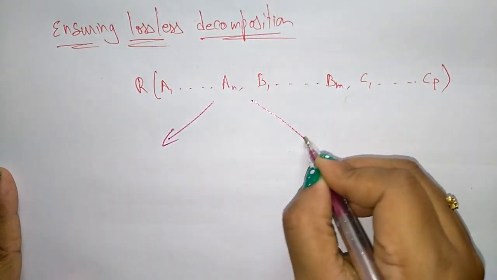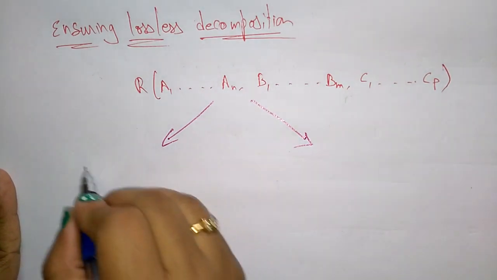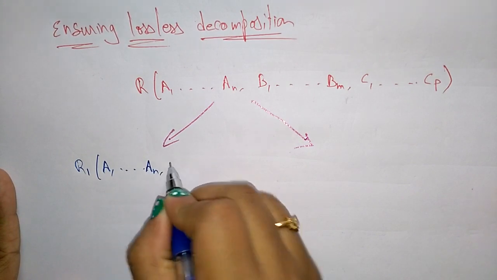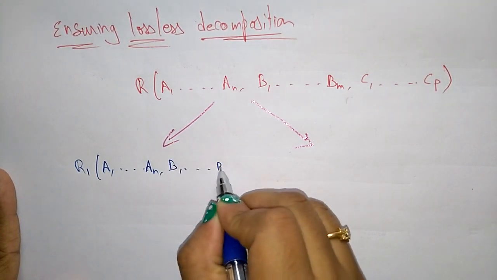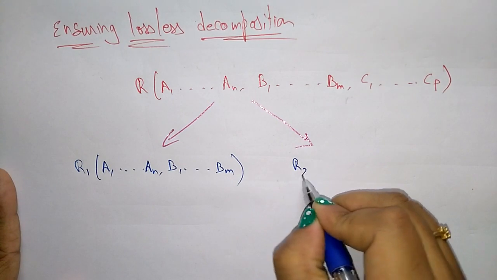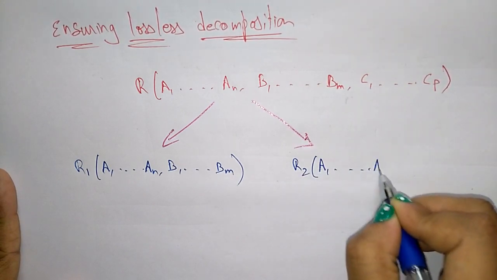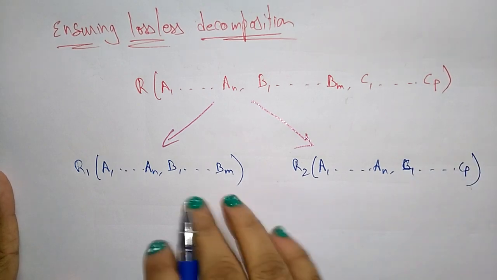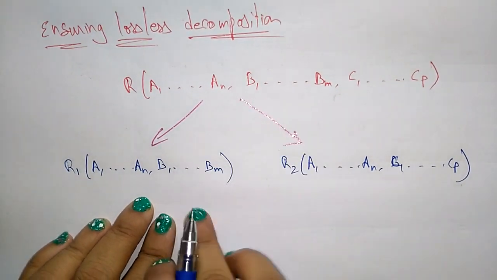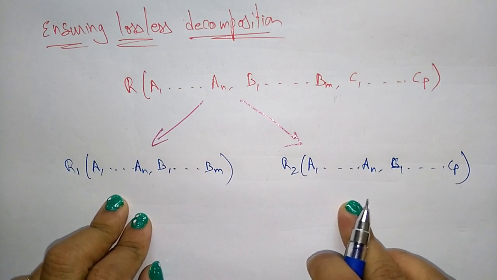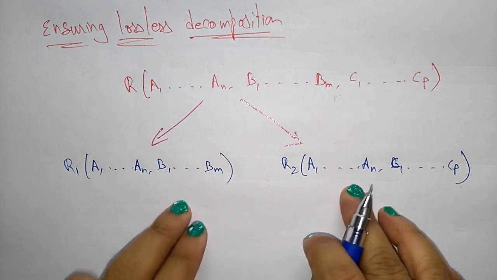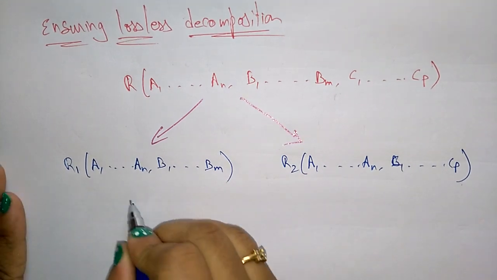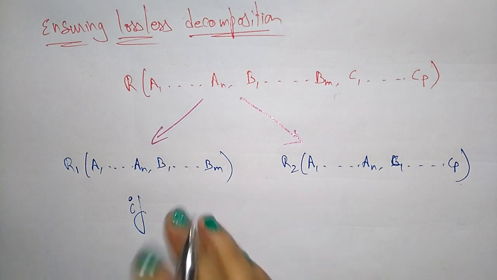This relation is decomposed into R1(A1 up to AN, B1 up to BM) and R2(A1 up to AN, C1 up to CP). So this relation is decomposed into two relations, and it has to follow this condition.